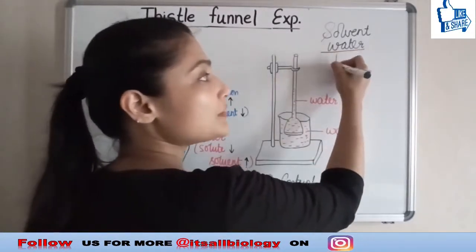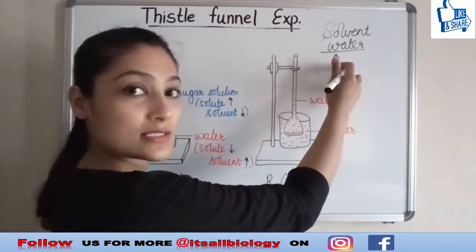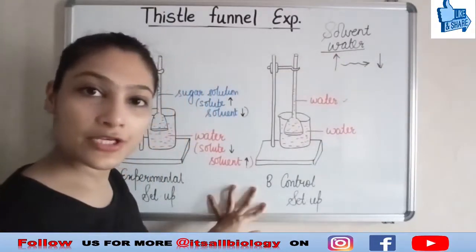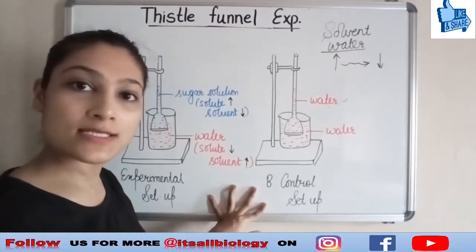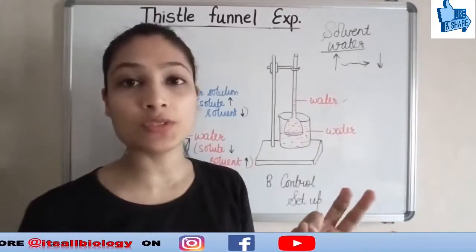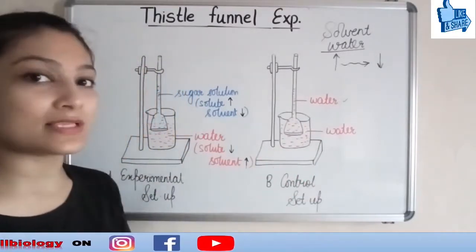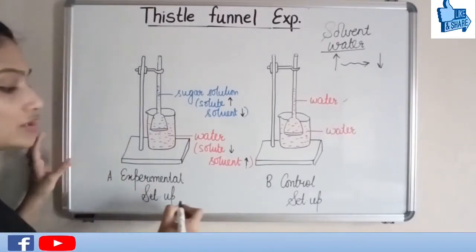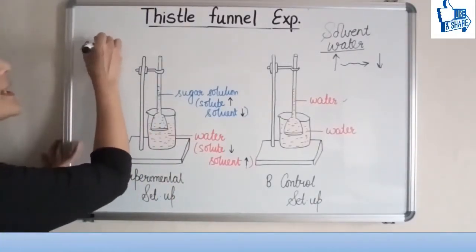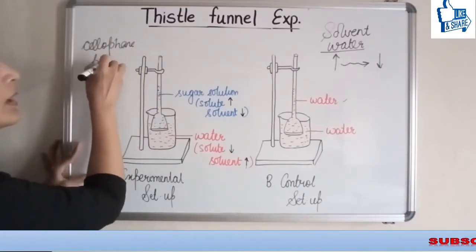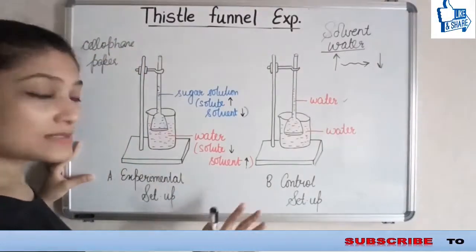It is going to be from its region of higher concentration to its region of lower concentration. This much we know by the osmosis definition. All of this is going to take place through a semi-permeable membrane, which we have taken here as cellophane paper. You can write it down. Okay, so this much we know.